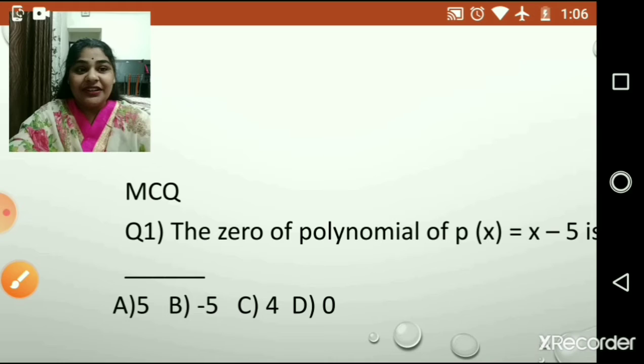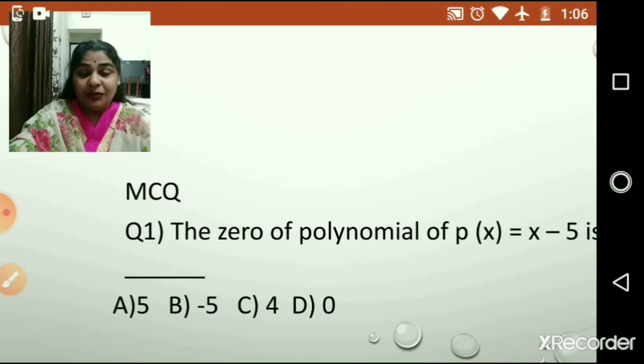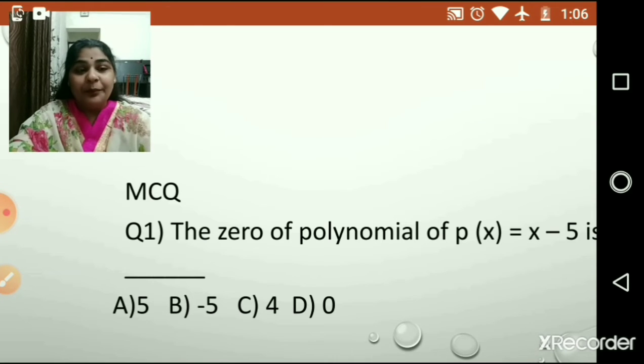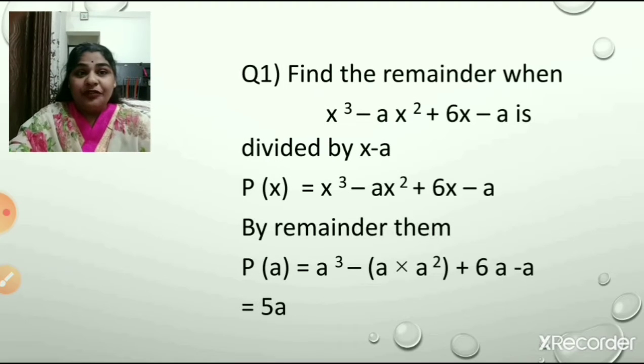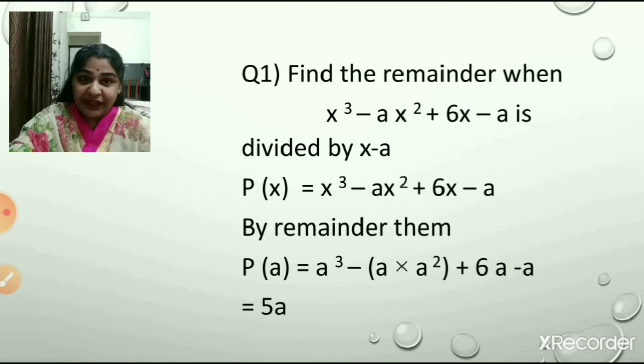Let us proceed, children. I hope you are aware now what type of questions will come, right? Now find the remainder when x cube minus ax square plus 6x minus a is divided by x minus a.